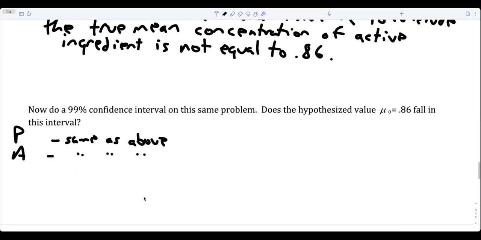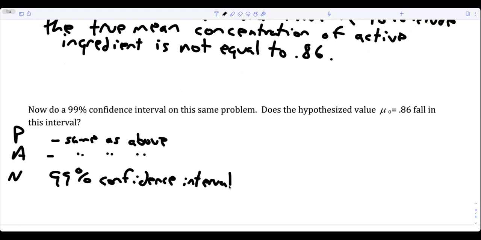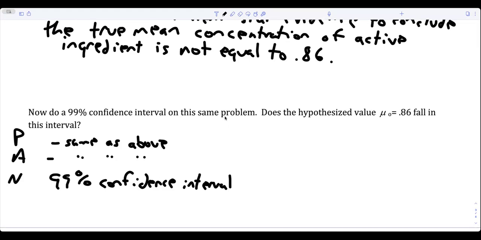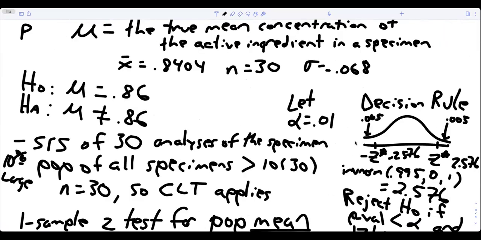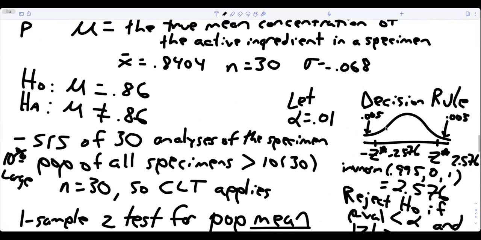And this is a 99% confidence interval. And why is it 99? Because look at my decision rule. Alpha is 1%. And it's a two-sided test based on my alternative hypothesis. So I've got 0.5% here and 0.5% here. Therefore, the middle has to be 99.